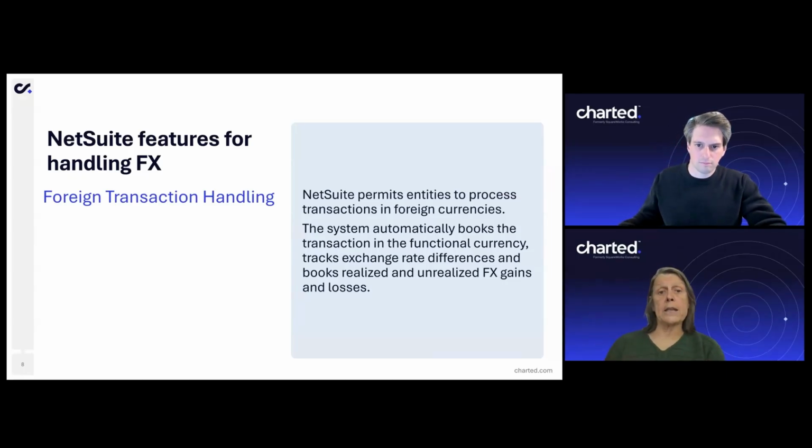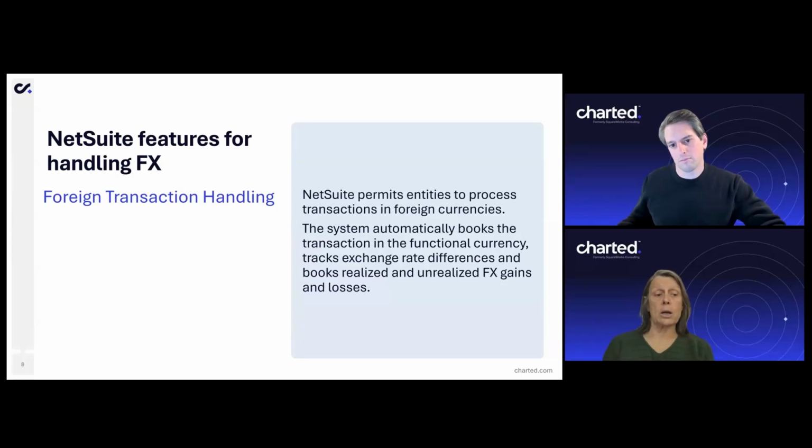It's going to put it in the realized gain or loss that basically says, okay, you've cleared the transaction now. The remaining balance in your AR is zero. You've increased your bank account by the equivalent of 105 US dollars or 80 euros.